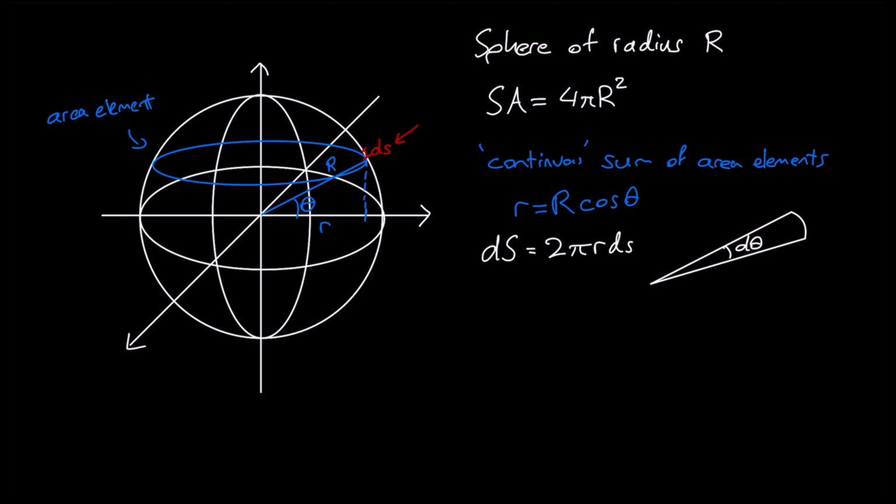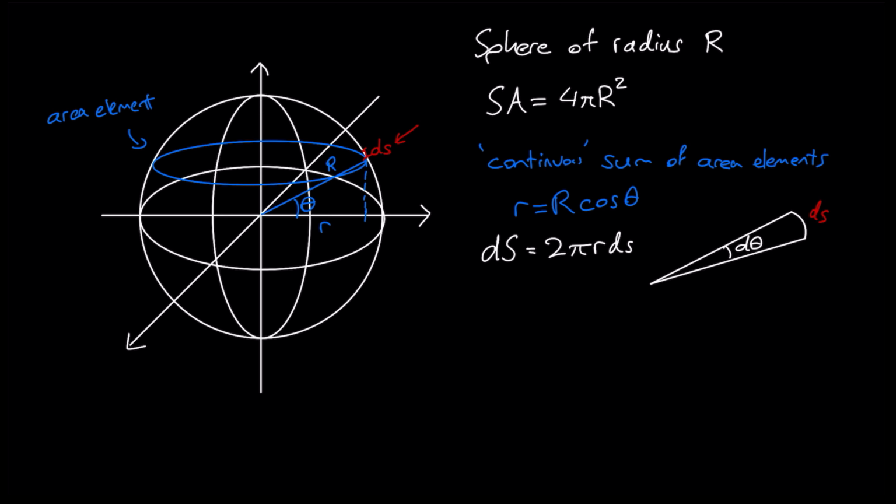So for each rubber band, there's going to be this little width ds, and really that's going to be an arc length subtended by a little angle d theta. And I'm actually going to end up integrating over d theta because ds I can't really integrate over. It's not as clear what I need to do there.